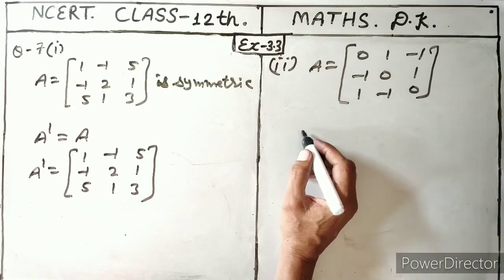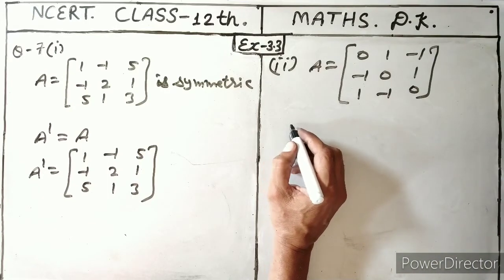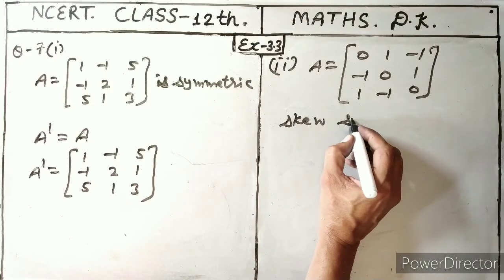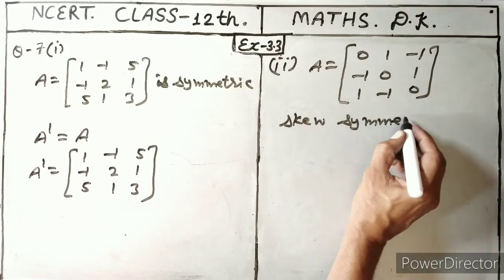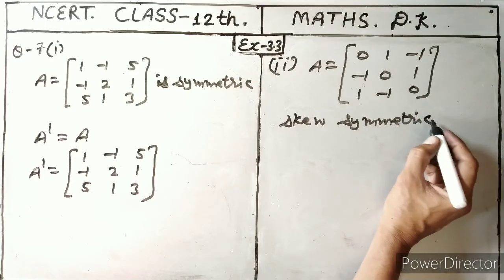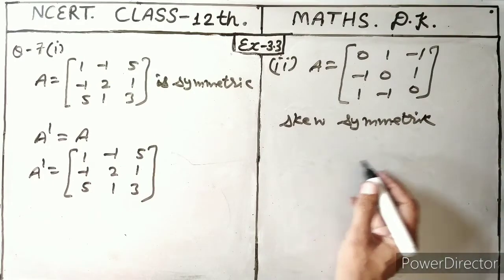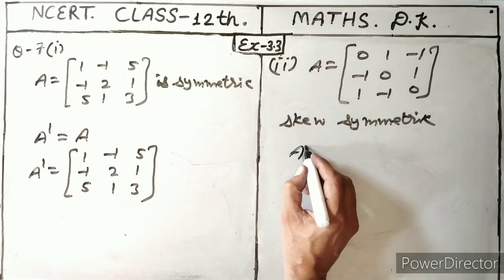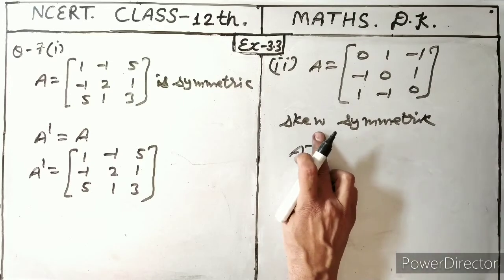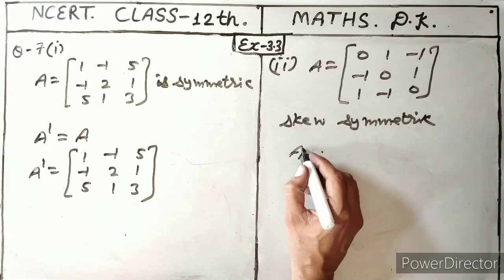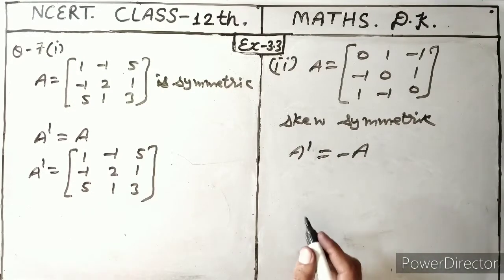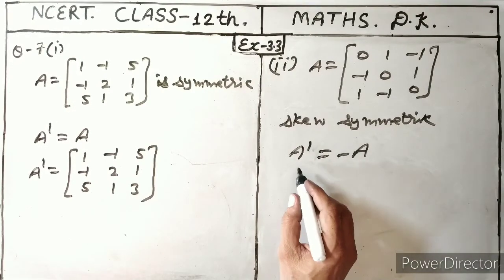This is A. And a skew symmetric matrix is one where A transpose equals negative of A. This is skew symmetric.